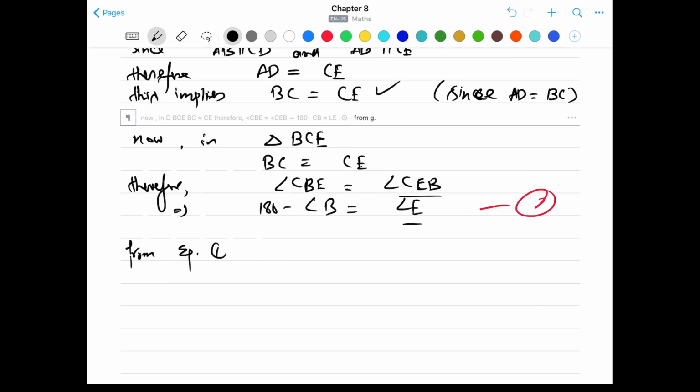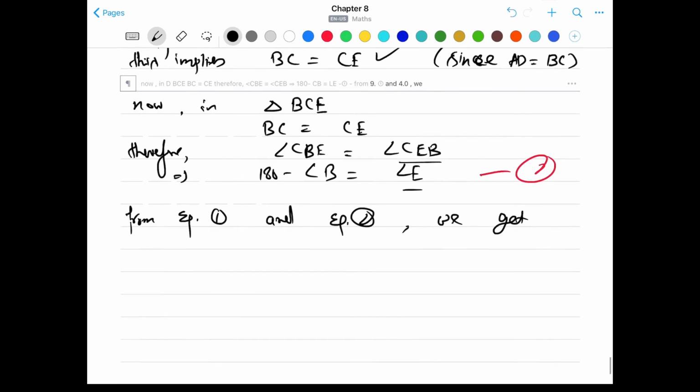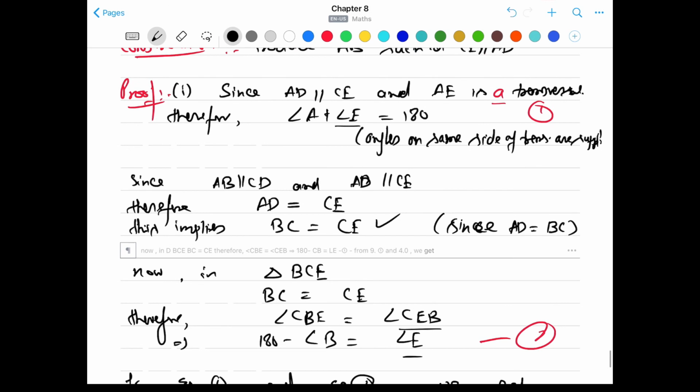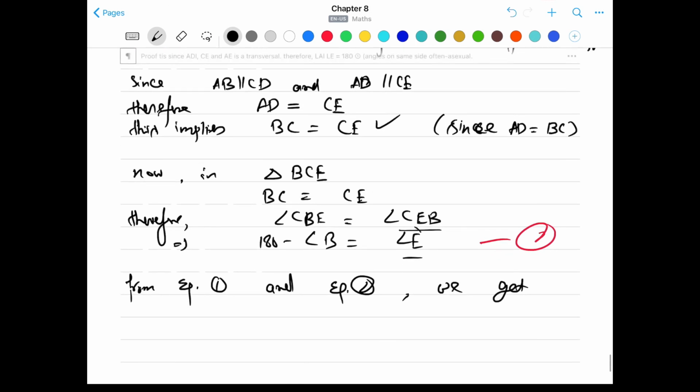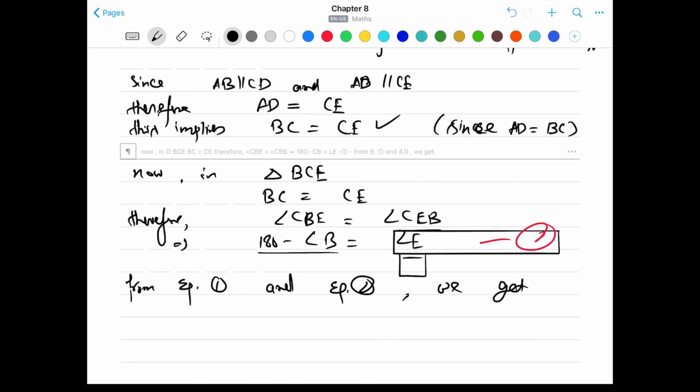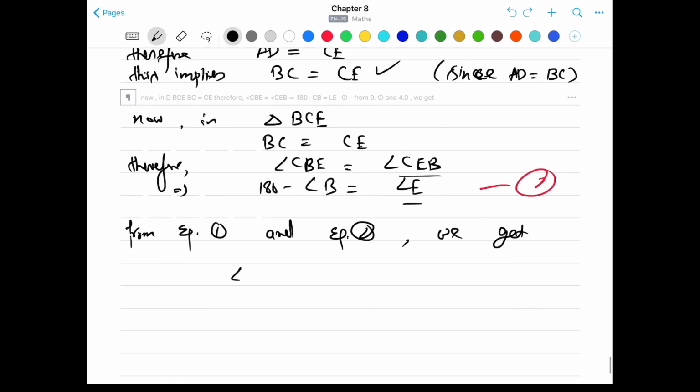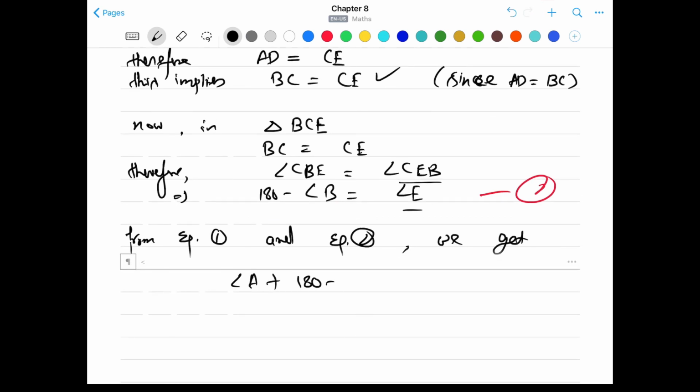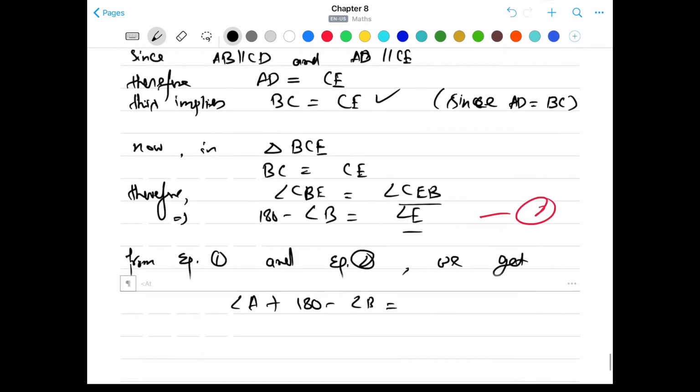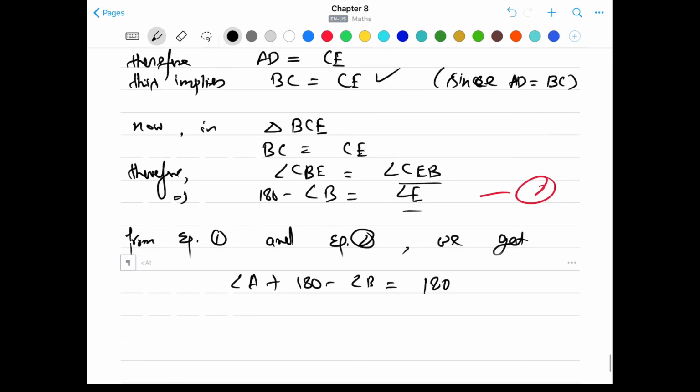From equation 1 and equation 2 we get, in place of angle E we will use this value, that is E equals 180 minus angle B. Okay, so in equation 1 we have angle A, and in place of angle E we'll write 180 degrees minus angle B equals 180.